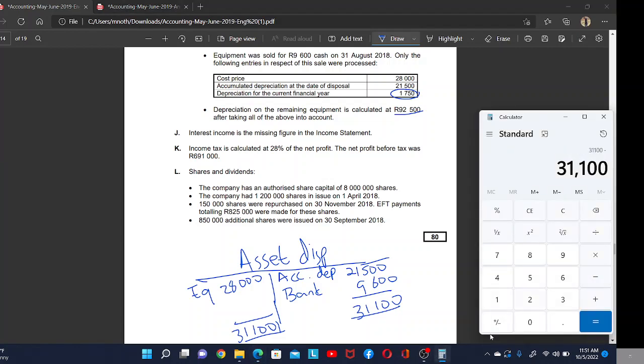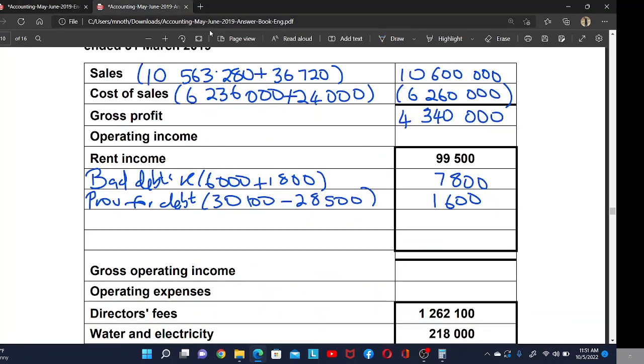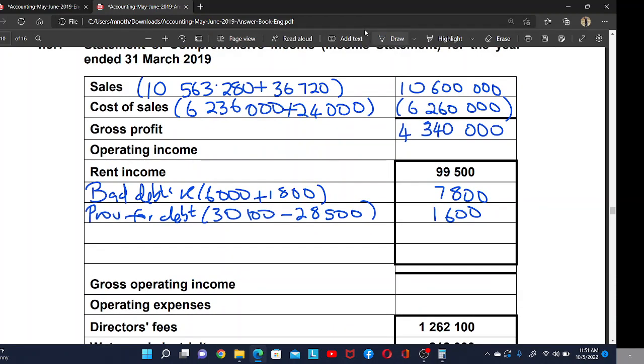Minus 28,000, which is 3,100. This is the profit on sale, which is an income. So it's 3,100.